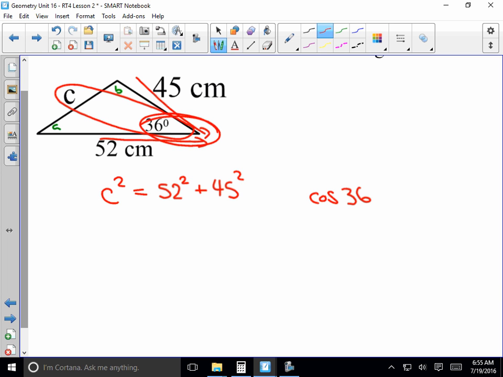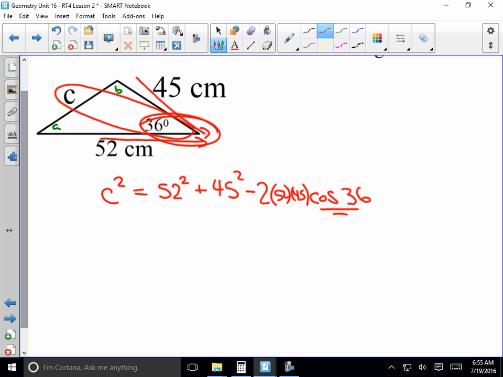So when you're using the law of cosines, make sure that the two side lengths listed on the right-hand side of your equation create the angle that you're listing. And then we finish this up with our adjustment, minus 2, and then we need both of these lengths, 52 and 45.